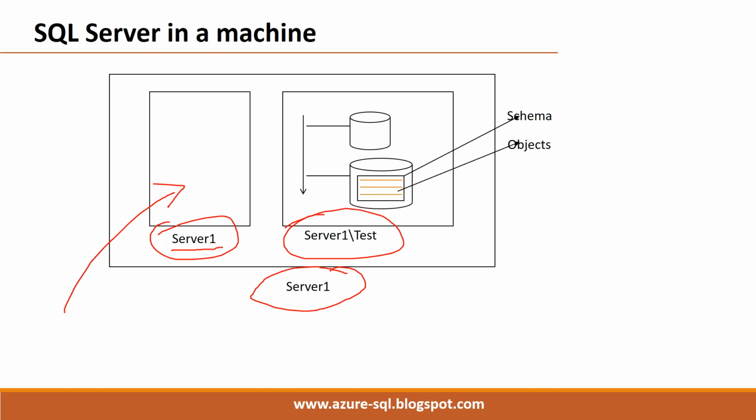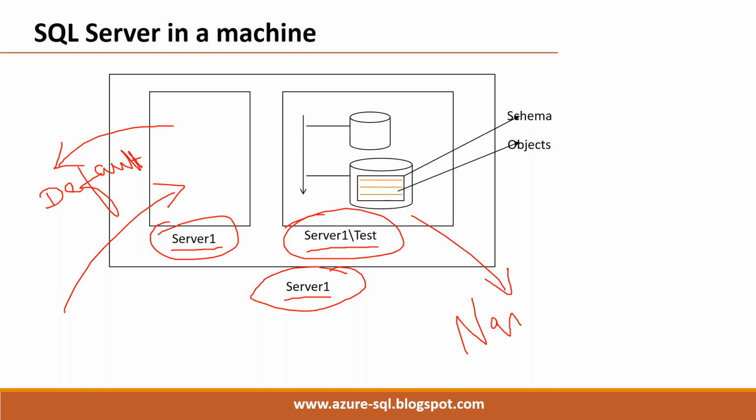This instance name is equal to the system name, so we call it the default instance. If the server name is equal to the system name, it is the default instance. This one, system name slash test, is a named instance. Two types of instances are there, default and named instances.